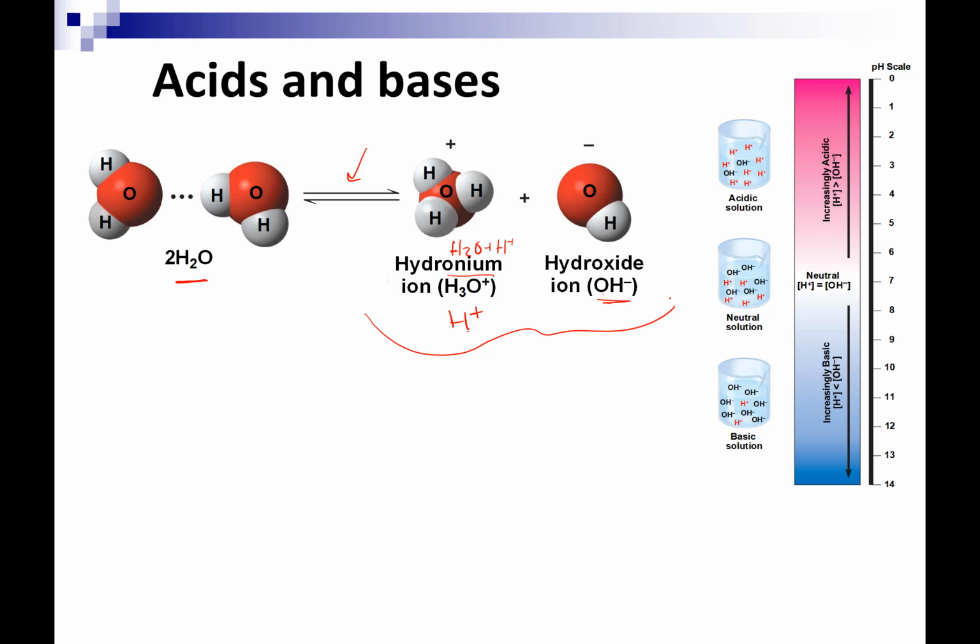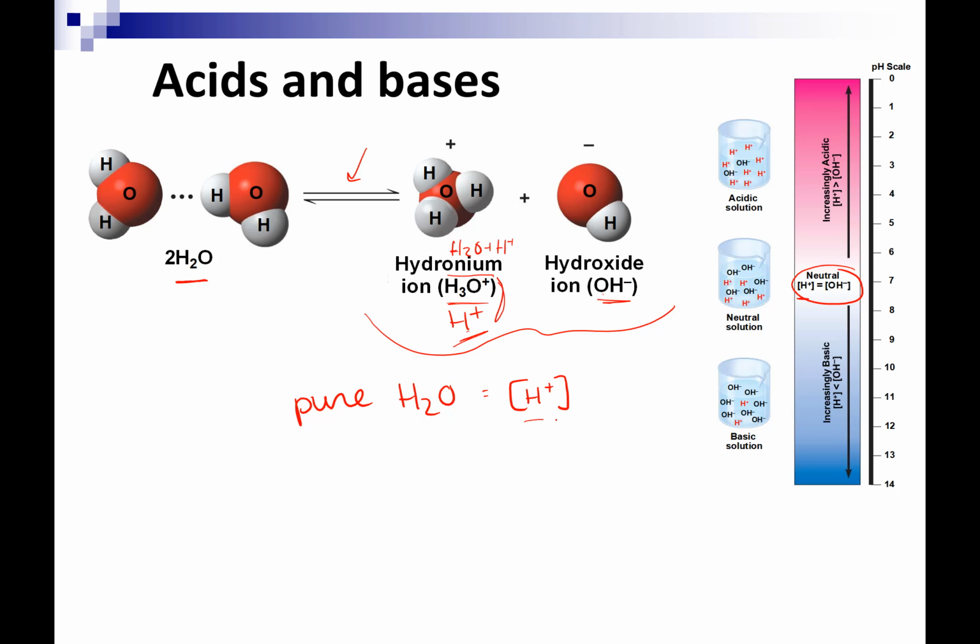And in pure water, the amount of H plus, and remember the brackets stand for concentration. So the concentration of H plus, and I'm always going to use H plus, I'm not going to use H3O plus, but for this class, as far as acids and bases, they are interchangeable.